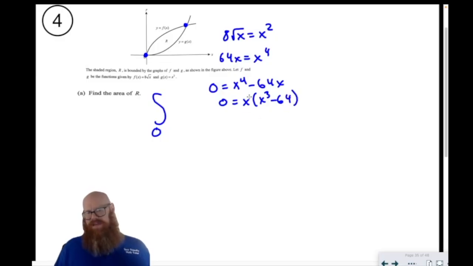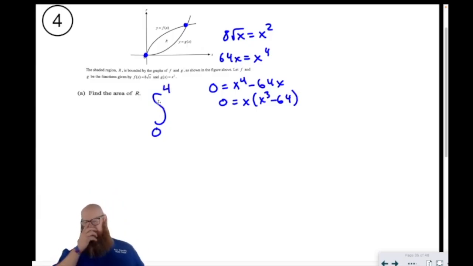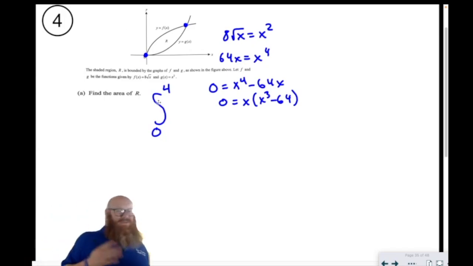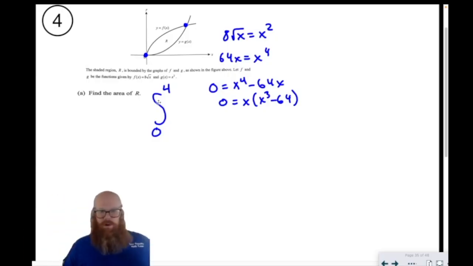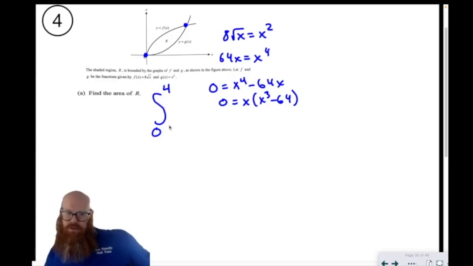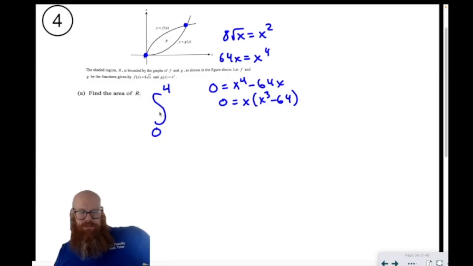I am going to say that this is 0, and then this is clearly 4, because 4 cubed is 64. I could factor that further, but if you know how your difference of cubes work, I'm just going to factor out an x minus 4, and what's left is never going to give you a real 0 anyway, if we remember that from pre-calc, so I'm going to skip all that to save time, because there's enough to do in this problem. And I'm simply going to see that it's just 4.